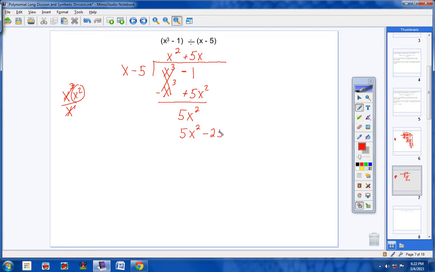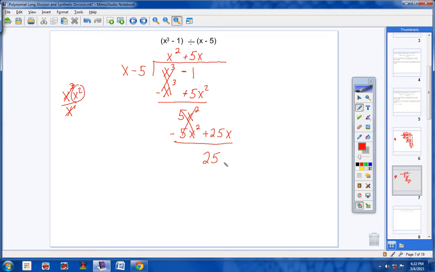Now, this is an x term right here. If there was an x term up here like negative 3x, then you would bring it down. But you don't have that, so don't worry about it. Just keep going. Go ahead and subtract. Some of you are going to subtract. I'm going to change my signs and add negative, positive. So these cancel. There's nothing to add with 25, so just put 25x.